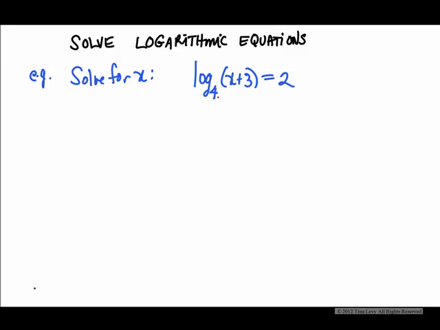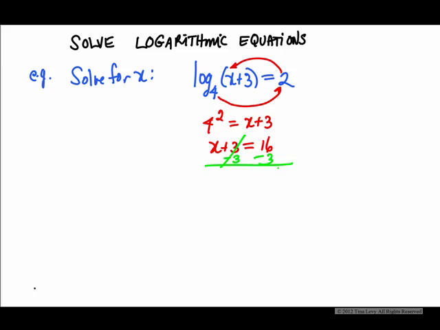The minute we see this, we can do the equivalent exponential, this round robin. 4 to the second equals x plus 3. And I can write that x plus 3 equals 4 to the second, which I know is 16. Then all I need to do is subtract 3 from both sides, and I get that x equals 13.